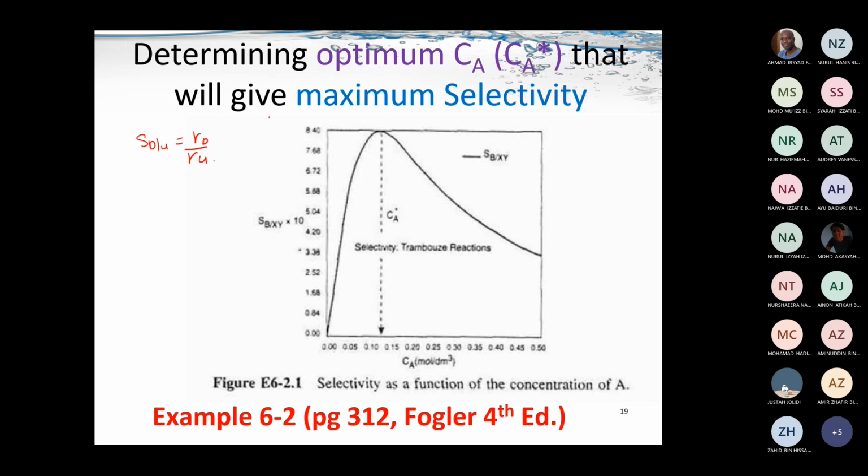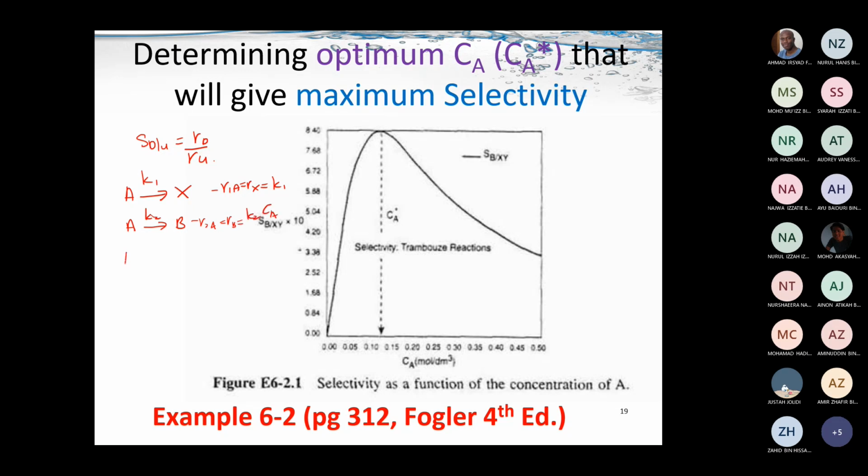Okay. So let's say we have A to X. Okay, this is K1. Okay, so the R1A is equal to Rx is equal to K1. Okay, and then we have another one. Okay, this is a parallel equation. A to B, R2A is equal to RB is equal to K2CA.